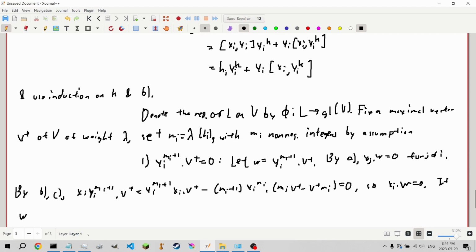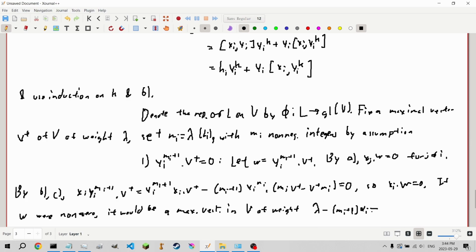If W were non-zero, it would then be a maximal vector in V of weight lambda minus mi plus 1 alpha i, which is not lambda. Therefore, W is 0.